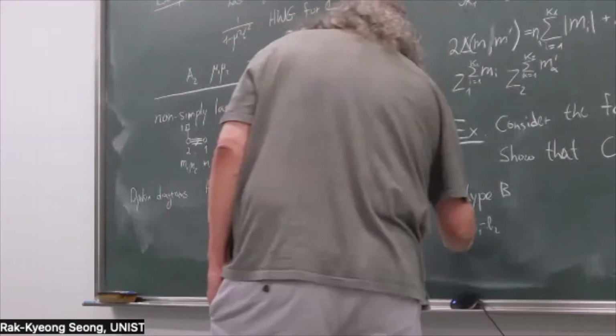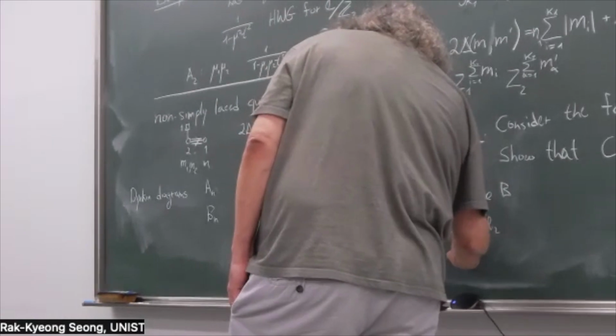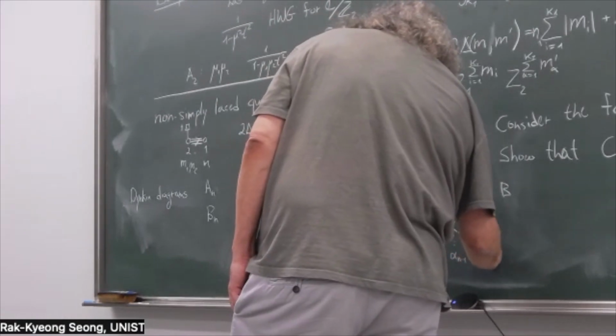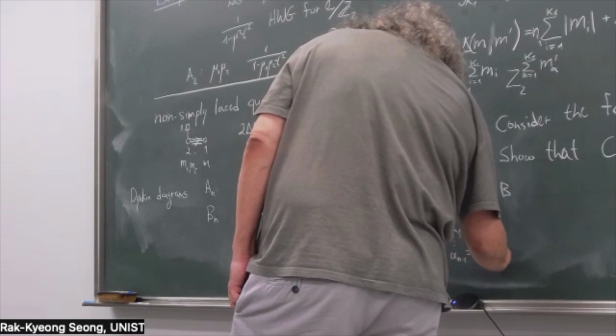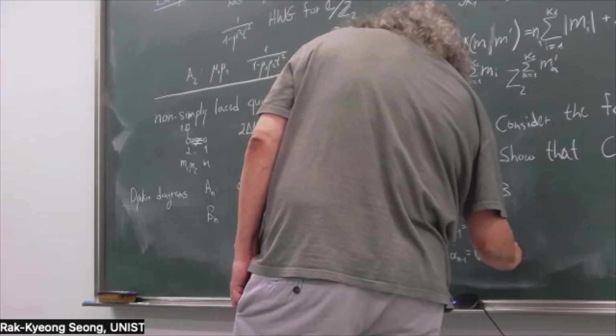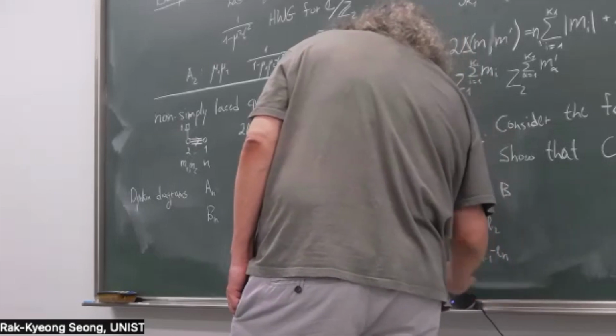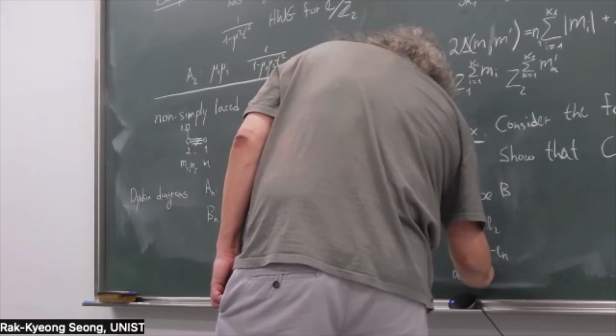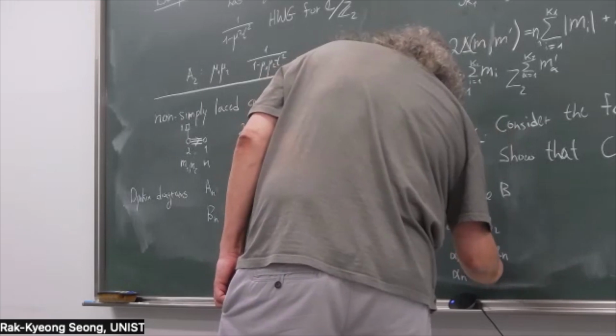And then it will go the same way up to alpha n minus 1, E n minus 1 minus E n. And the last simple root, alpha n, is equal to E n.